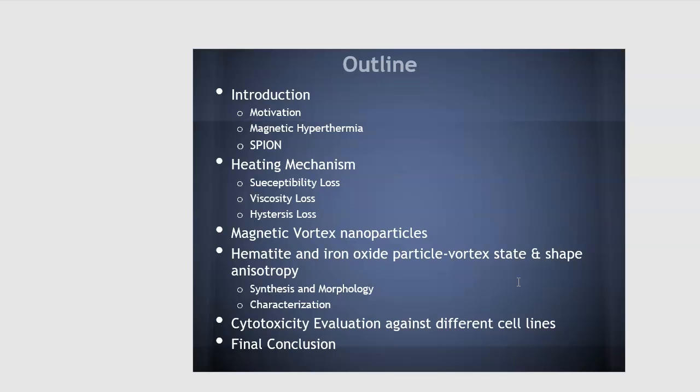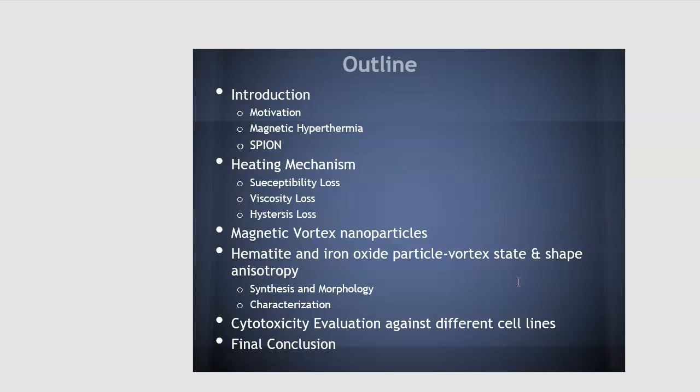Magnetic vortex nanoparticles are a special kind of magnetic nanoparticles where we have a vortex configuration, vortex states. Then I will talk about hematite and other iron oxide nanoparticles and emphasize how to produce the vortex state and what is the role of shape anisotropy in heating efficiency.